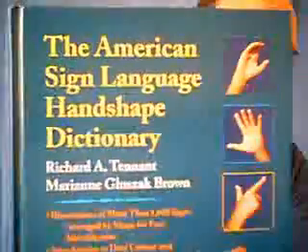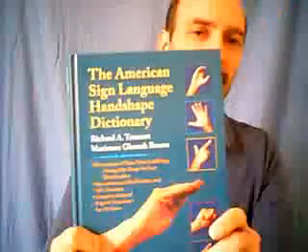I recommend this one because it's published by Gallaudet University Press. The quality is really good of the pictures. You can see the pictures are very clear, and they give a solid description of how to do the sign.